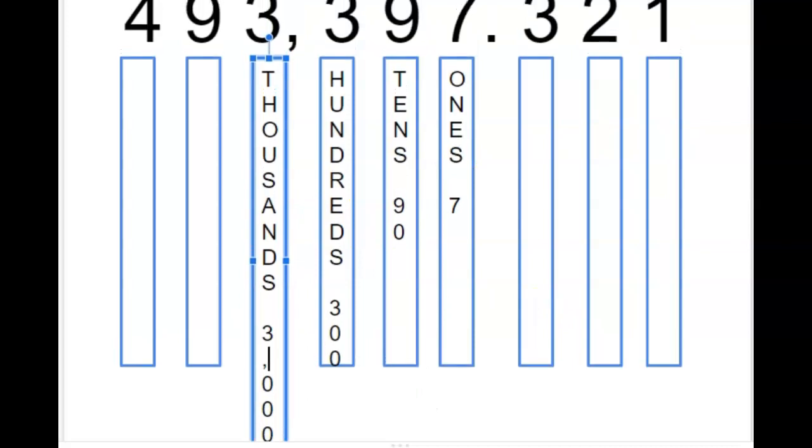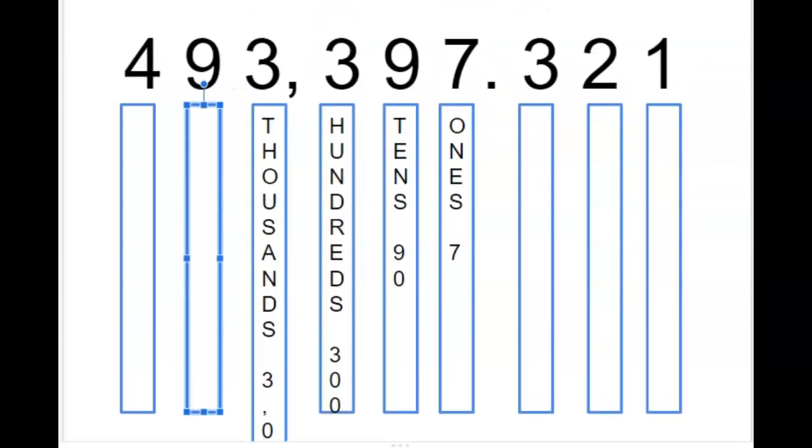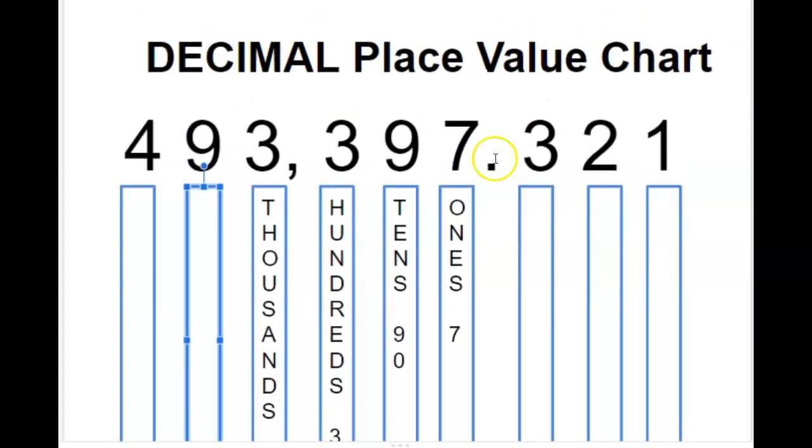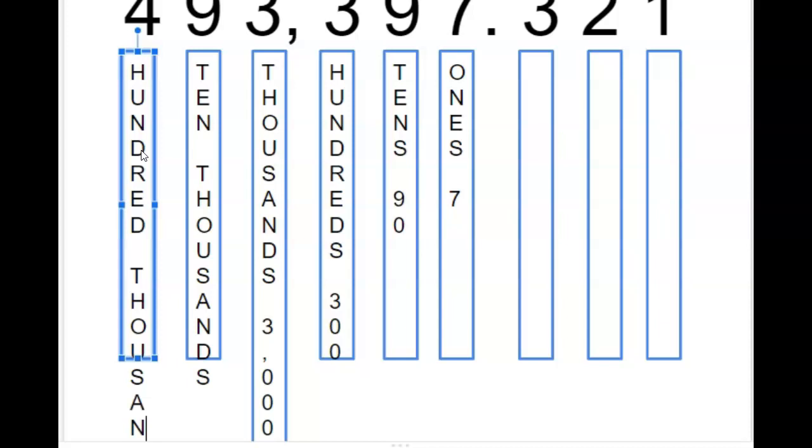The next digit that we have here is the 9, and this 9 is the 10 thousands. And then the 4, which is the 100 thousands.